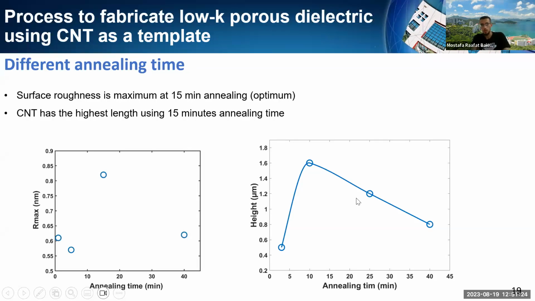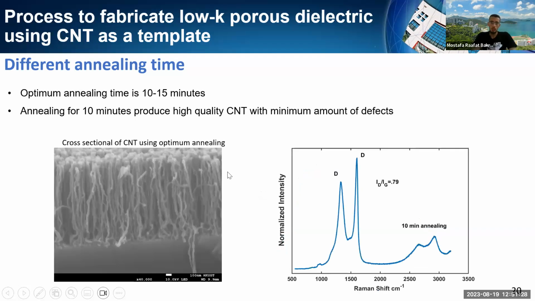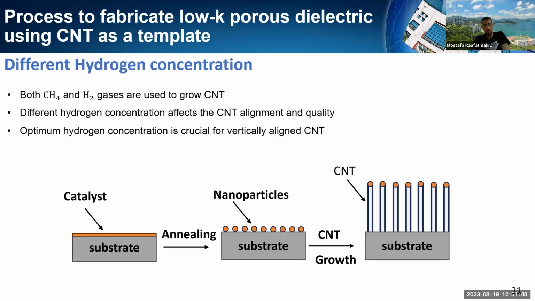So we use the optimum temperature and optimum annealing time to grow the CNT, and here is an SEM image for the optimum annealing time. We have good quality CNT, and also from the Raman spectrum, we have the best quality compared to other annealing periods of time.